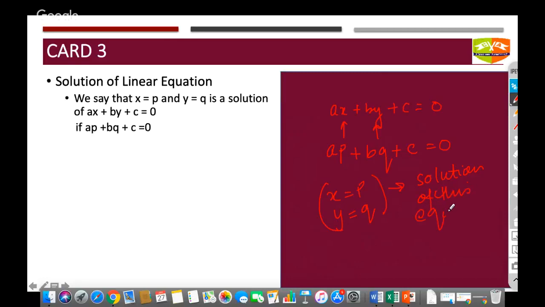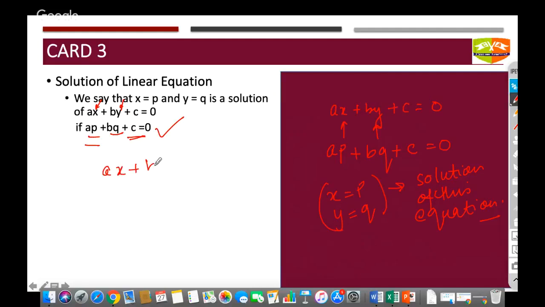Now, what do I mean by solution of an equation? If I put it in words, it is the value of x and y such that upon replacing x and y with p and q in the linear equation ax plus by plus c is equal to 0, ap plus bq plus c becomes equal to 0.